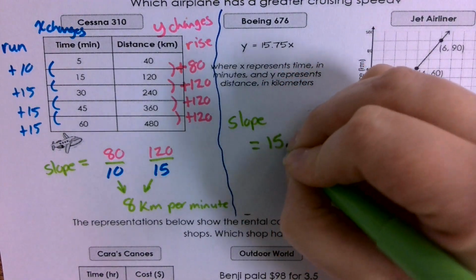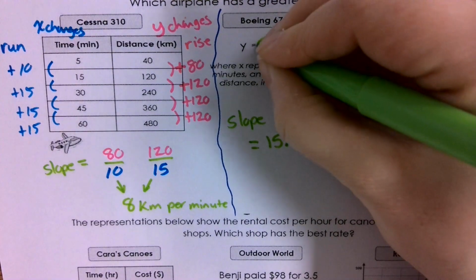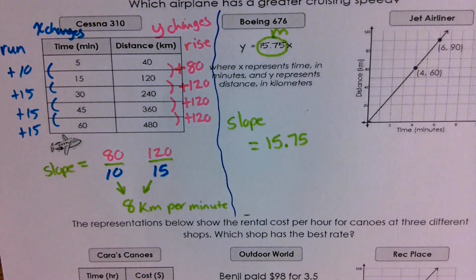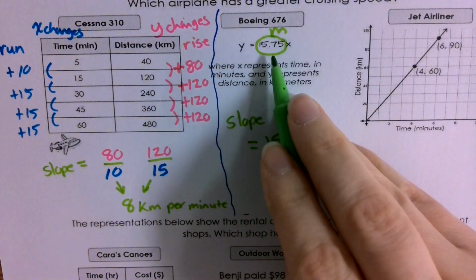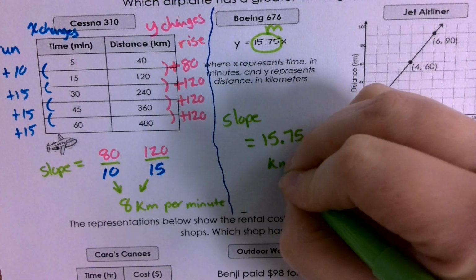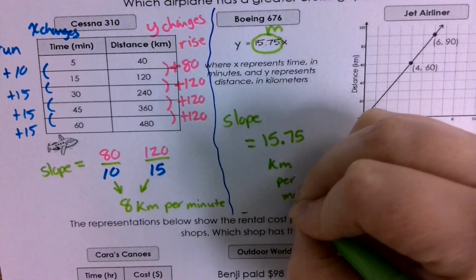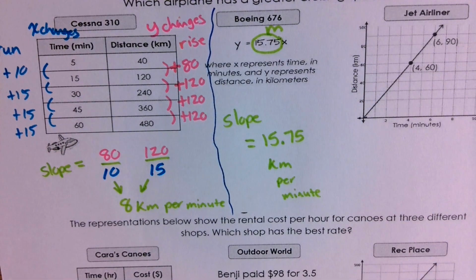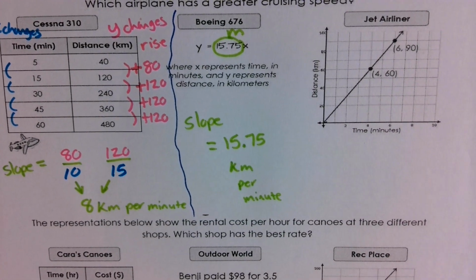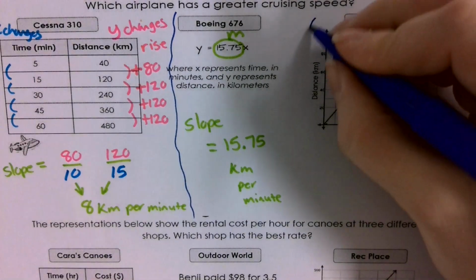Very good, 15.75. Remember, slope, it's that value m. y equals mx. That m represents our slope. That means it's 15.75 kilometers per minute. That was easy. The equation ones always are.